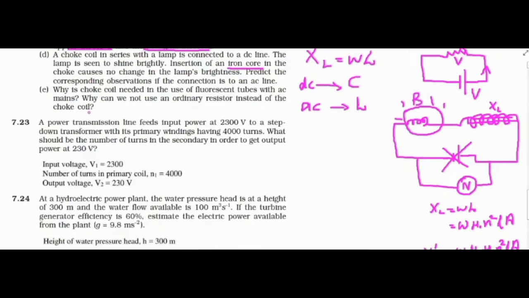Then next, why is choke coil connected in the use of fluorescent tubes with AC mains? Why can we not use an ordinary resistor instead of choke coil? You know, there is a choke in this tube which we use at home, and there is a coil of a number of turns.